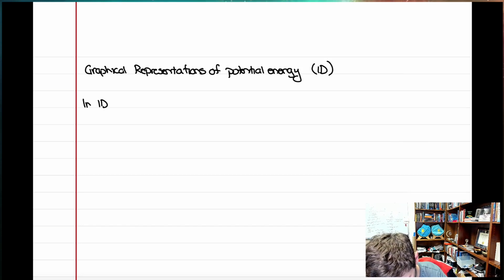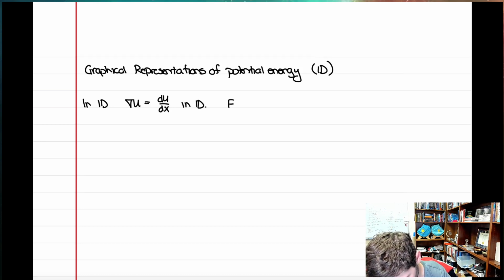In 1D, the gradient, it's not a vector, there's only really one term. So for simplicity, let's use the x direction as the single term. Really then this becomes just the derivative, dU/dx, in 1D.